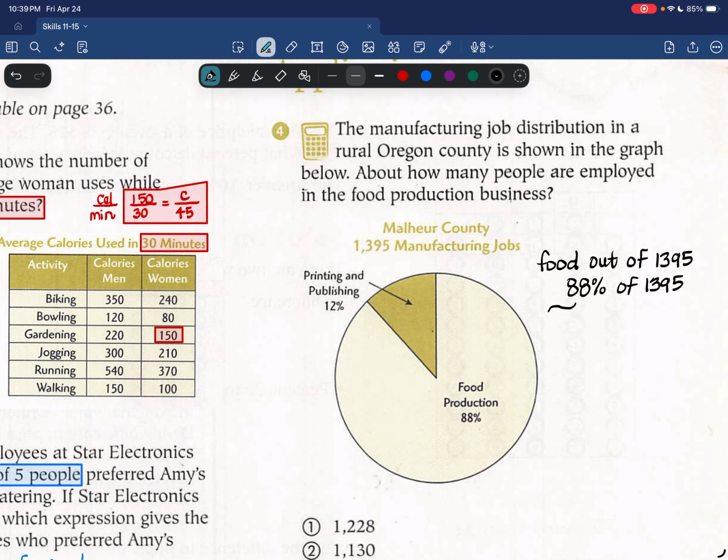Well, 88% as a decimal is 0.88. The word of means multiply. 1,395 is my total number of jobs that are manufacturing. And I can use the calculator, thankfully.